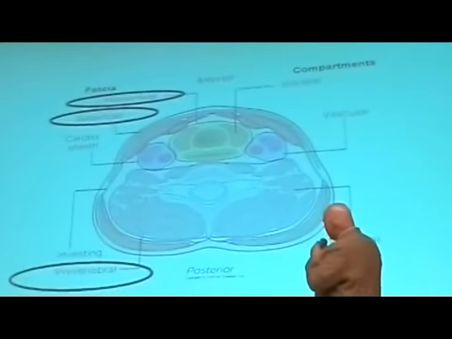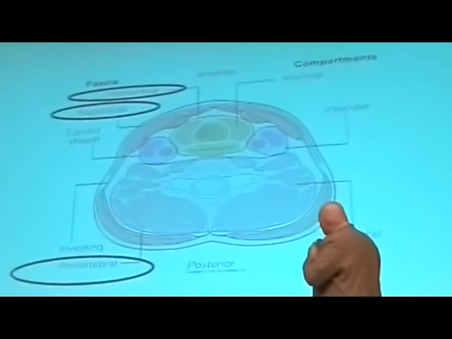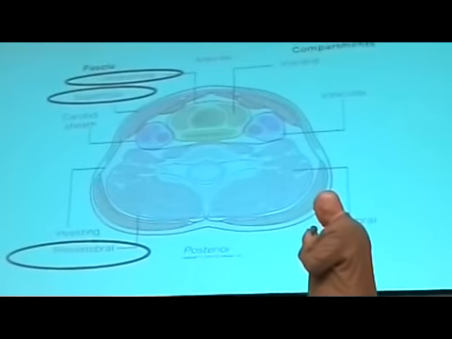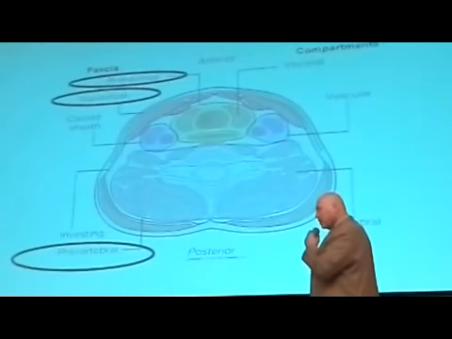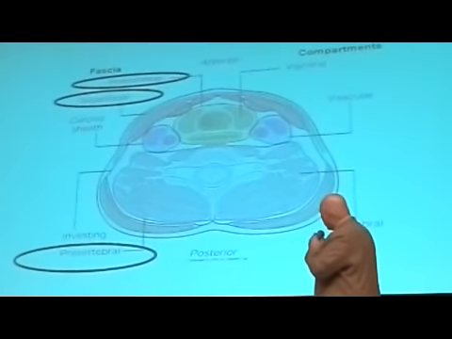You see this scale. The cervical fascia: here is the anterior, the middle, the venous compartment.